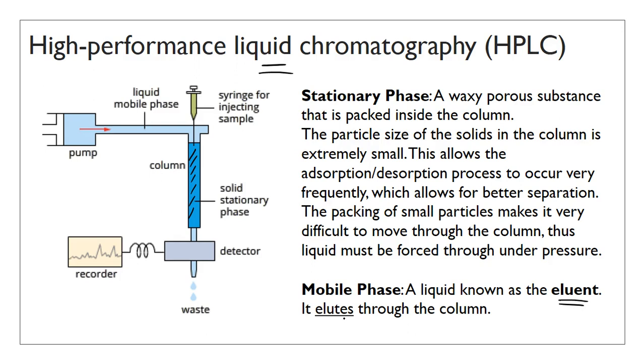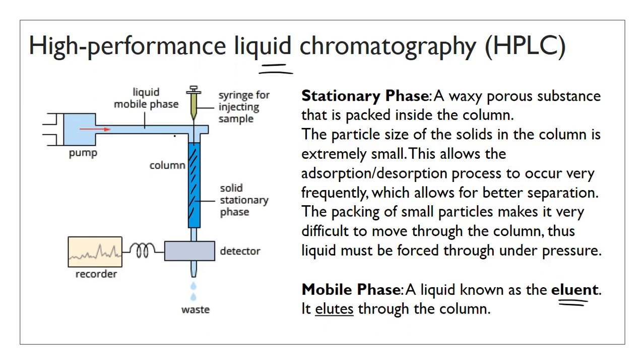So the mobile phase is going to elute through the column, and you have to say it with an accent, and it's going to carry the sample with it. If you look at this, it's actually a very interesting design because the mobile phase is introduced first, and because the column is very tightly packed and this is a liquid, in order just to give it a little bit of a kick, you normally have a pump here, hence the name high pressure as an alternative.